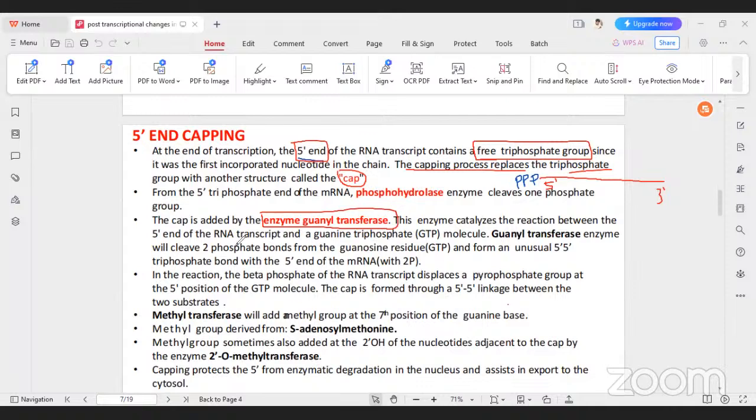This enzyme catalyzes the reaction between the 5' end of the transcript and a guanosine triphosphate (GTP) molecule. The guanylyl transferase enzyme cleaves the two-phosphate bond from the guanosine residue and forms the unusual 5' triphosphate bond.